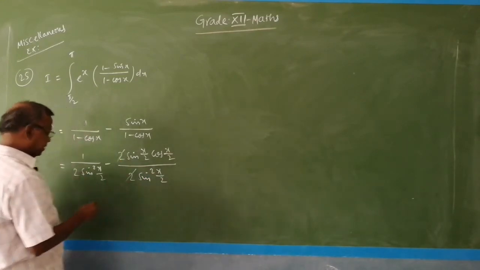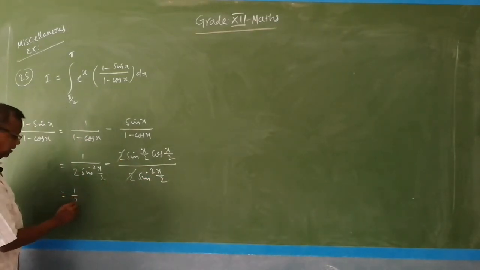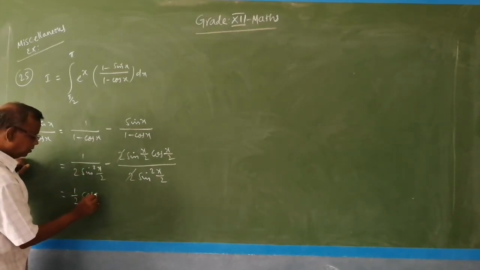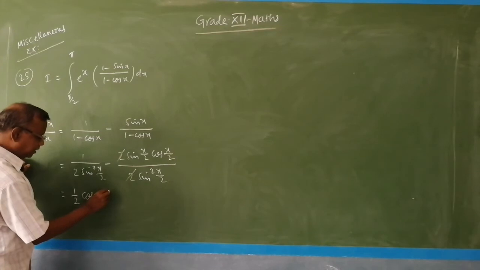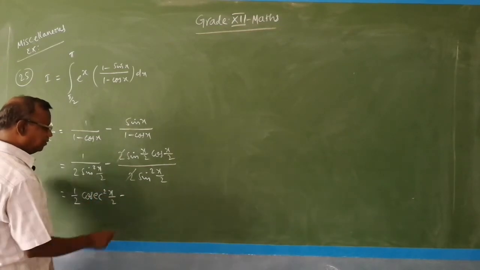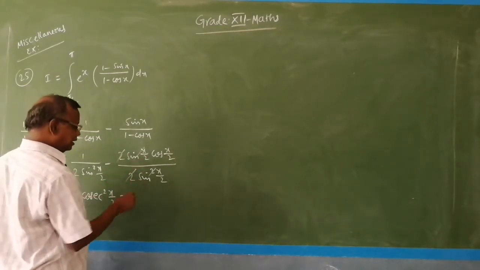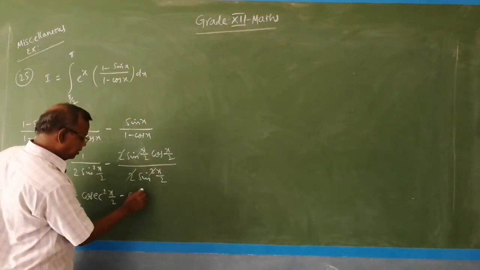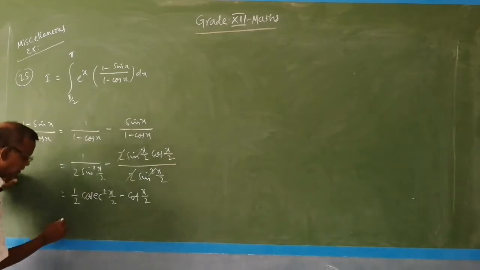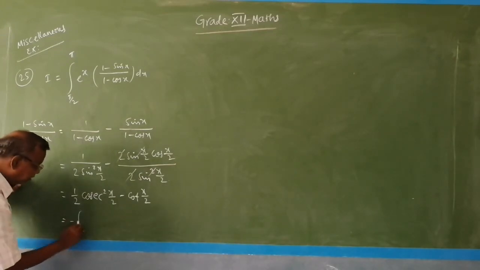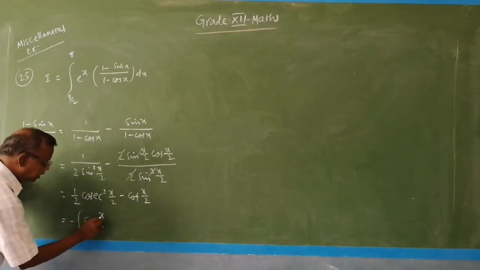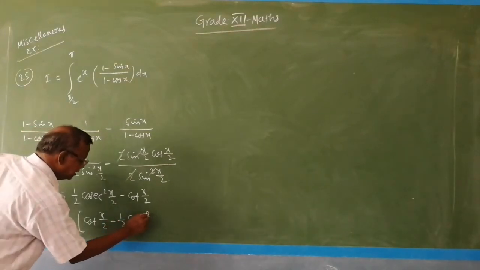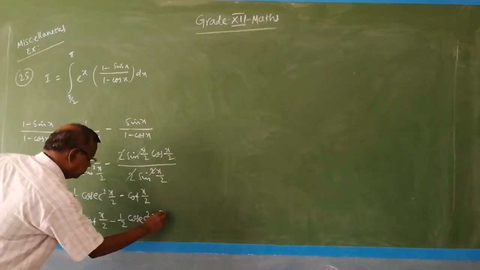So 2 can be eliminated. This is equal to 1 by 2 into 1 by sin square x by 2, which becomes cosecant square x by 2, and minus, we can cancel one sin x by 2, cos x by 2 by sin x by 2 equal to cot x by 2. So this is equal to minus of cot x by 2 minus 1 by 2 cosecant square x by 2.